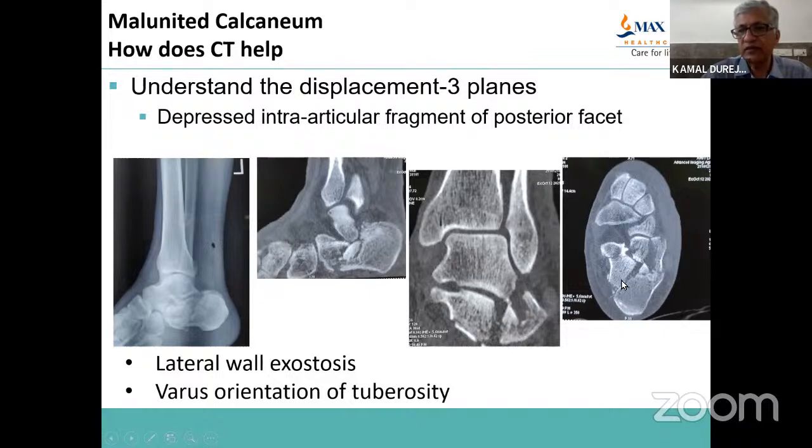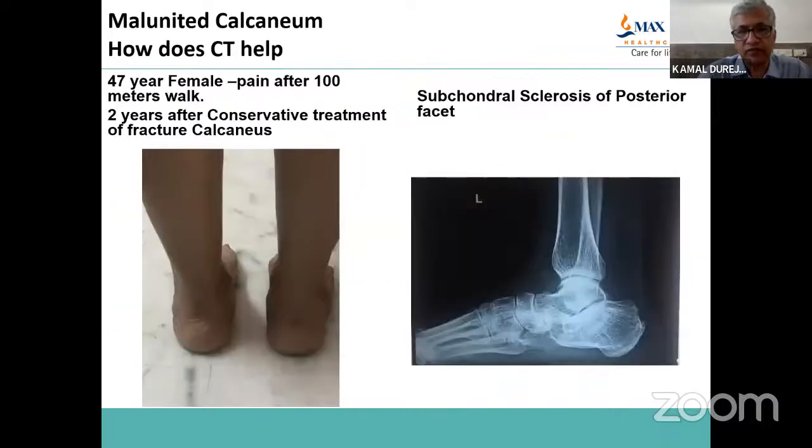And the tuberosity in the axial view is clearly showing it has deformed into varus. So we have all this information very clear and quantified also as to how much things are bad. This kind of information is available from CT scan.